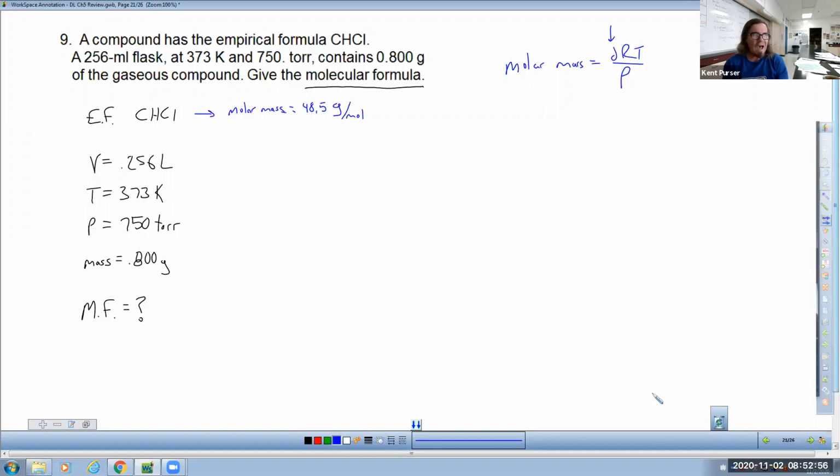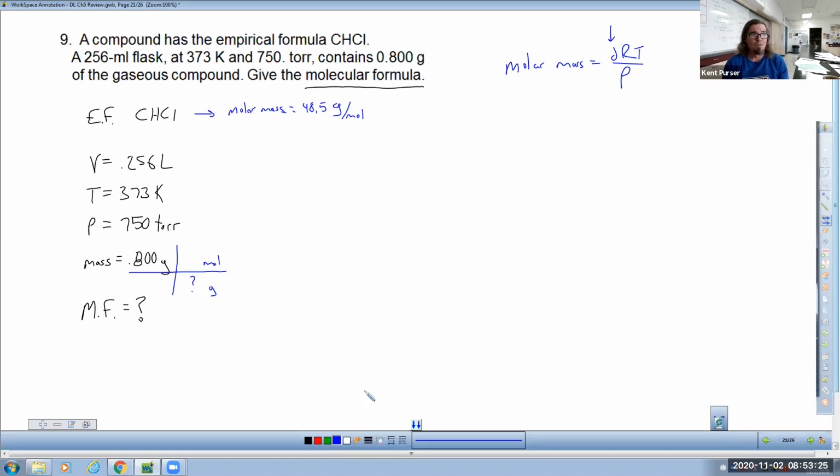But before I do that, why don't I write down the givens and just see what I think? As I wrote down the givens, I'm like, oh no, this is just back to simple stoichiometry and ideal gas law. If we take the 0.8 grams of mass, I can't do anything with that. You can't, because when you go to get out of grams and get into moles, what are you going to put in for the grams if you don't know the chemical formula of the molecule?